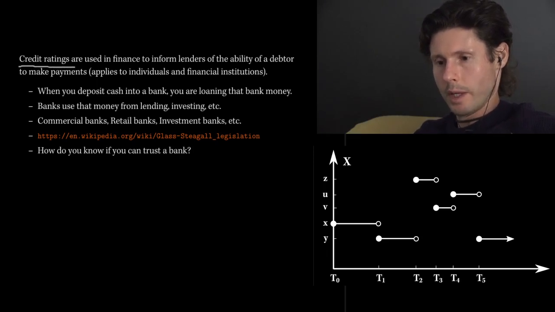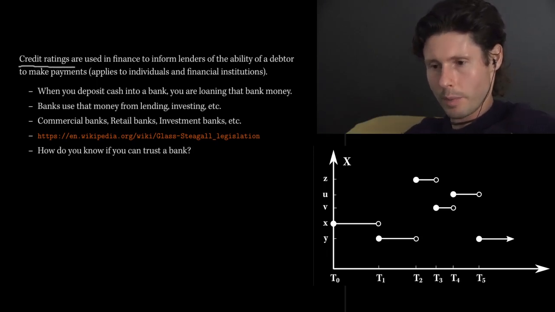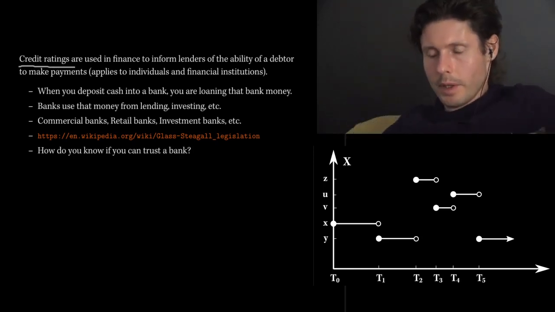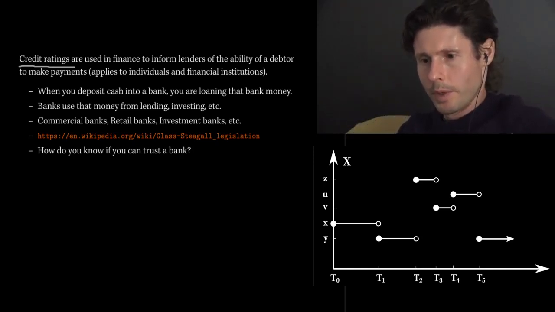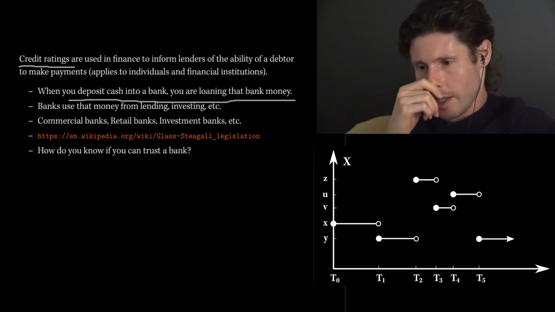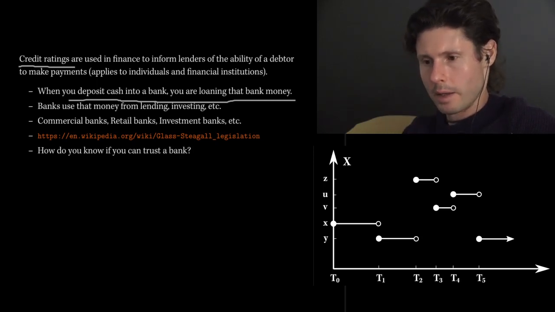And so if you pick, let's say, a prototypical financial institution, which is maybe a bank, what happens? People deposit money into a bank, so you're in effect loaning that bank money, and one has to judge its ability to pay back those loans. So if a lot of people gather and want to withdraw money from a bank, the bank better cough up the cash, so to speak.